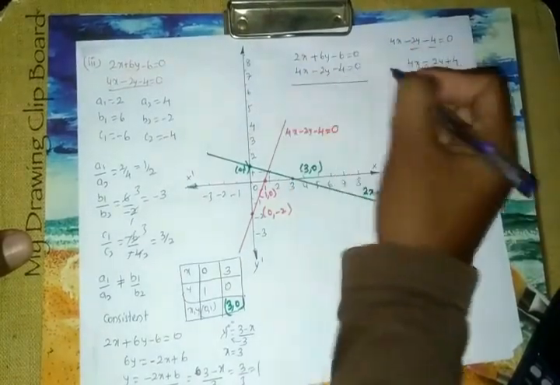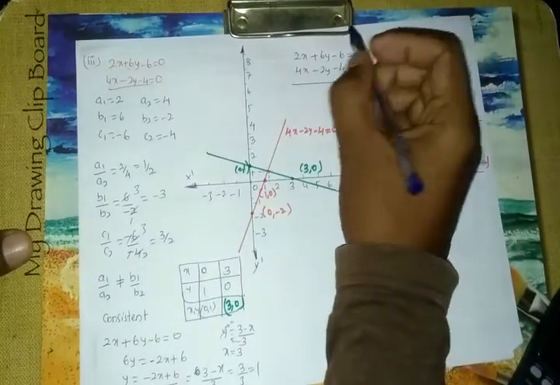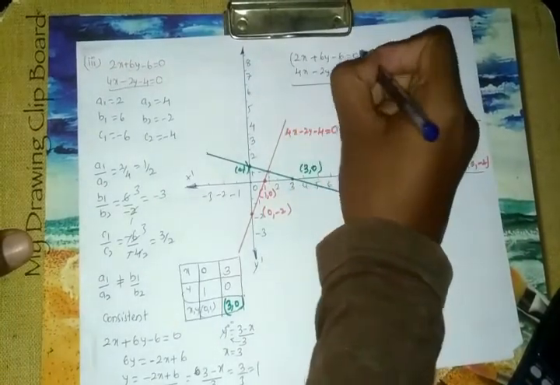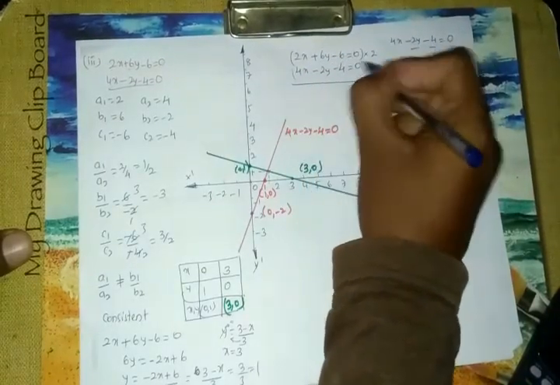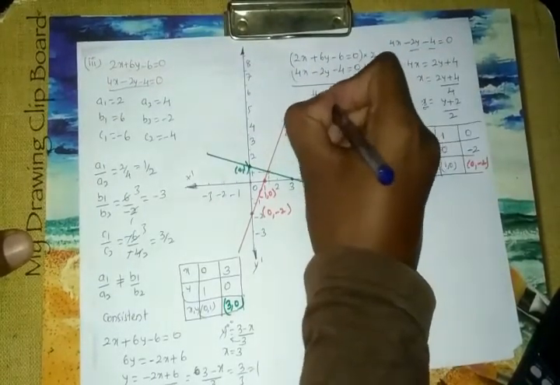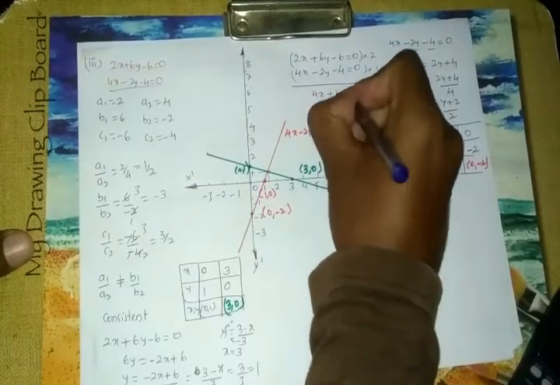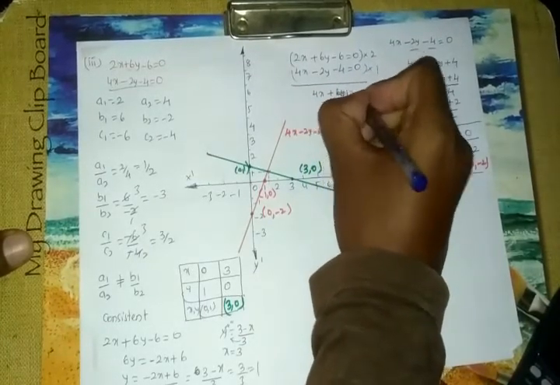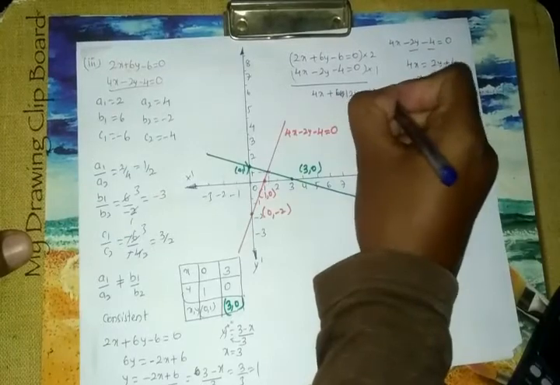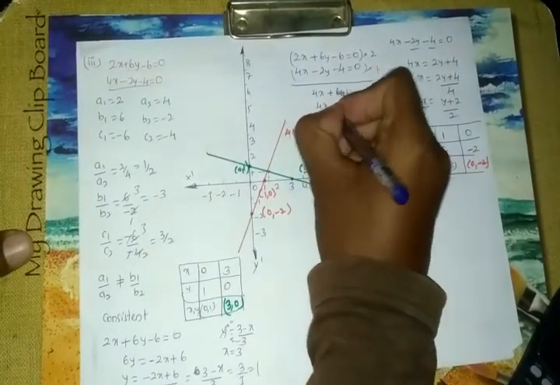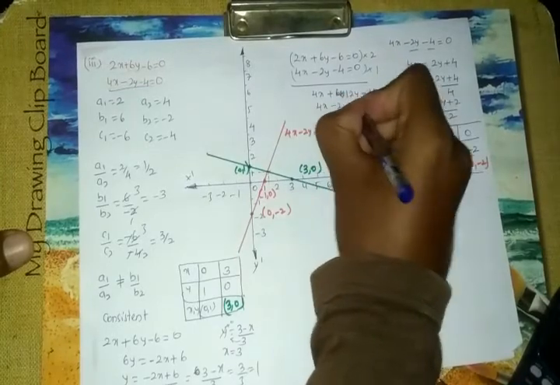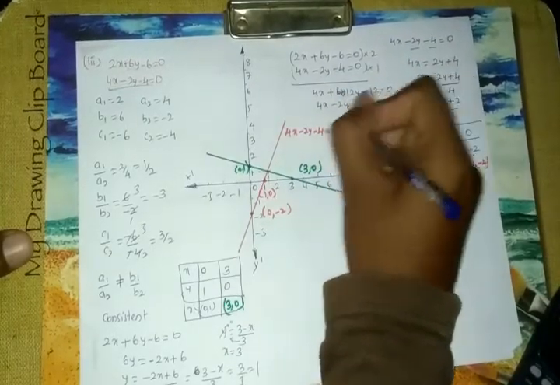Let me use the elimination method. I will be multiplying this equation with 2 and this with 1. So 4x plus 12y minus 12 equals 0, and this is 4x minus 2y minus 4 equals 0 as it is.